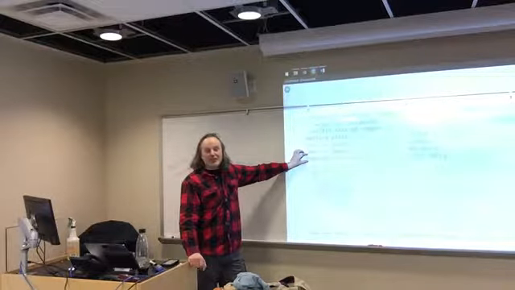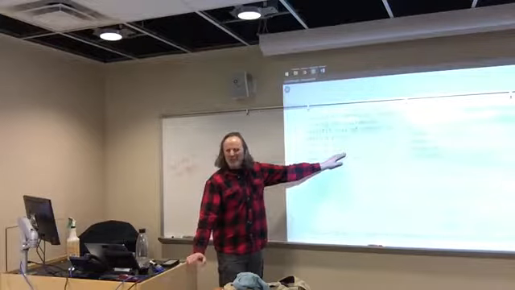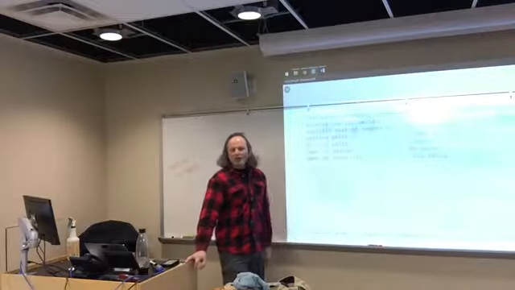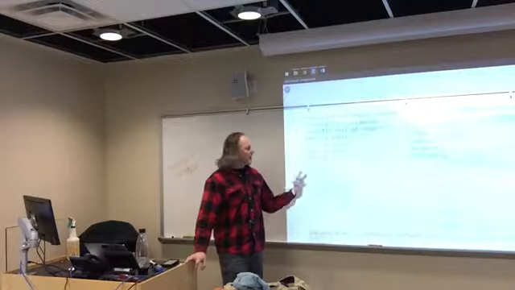The amount of energy needed to change to a gas. This one's a lot easier to see because it says vaporization. This one says fusion, so I'm not 100% sure what that means, but what do we mean by that? Going from a solid to a liquid. Yeah. So the heat of fusion is the amount of energy needed to go from a solid to a liquid.